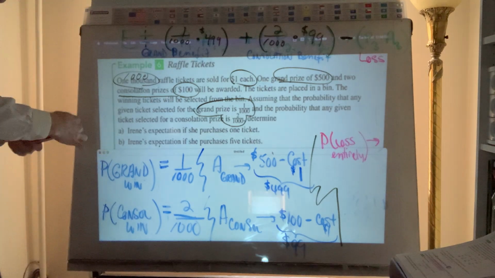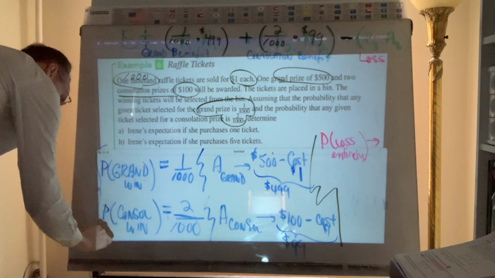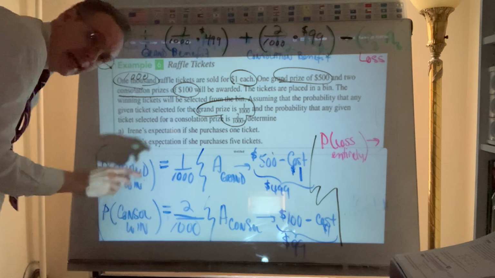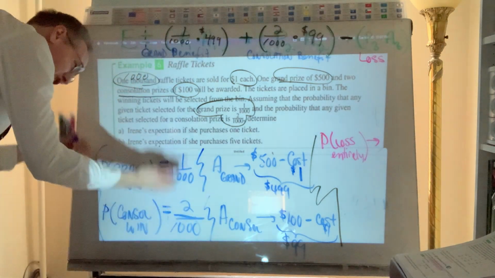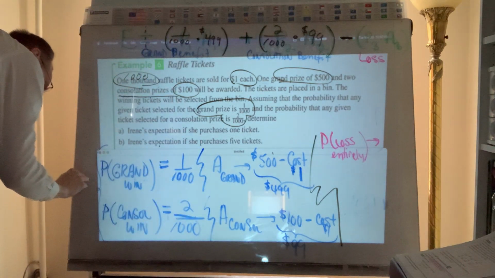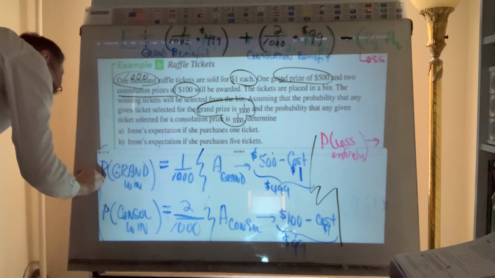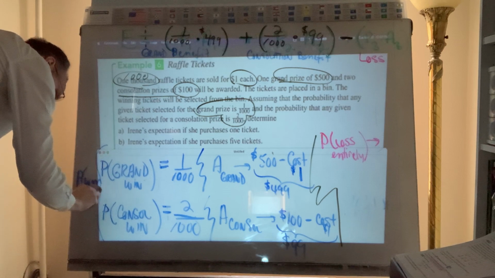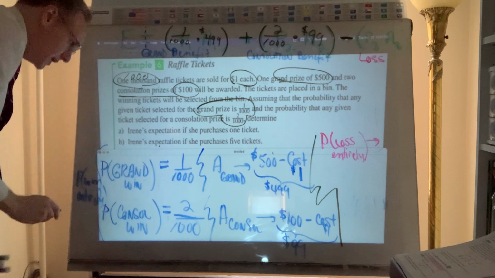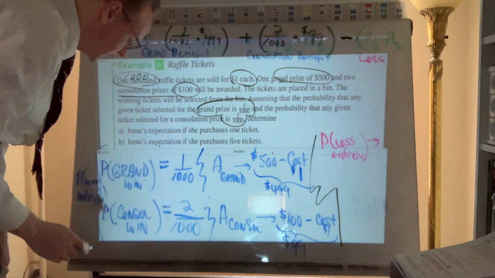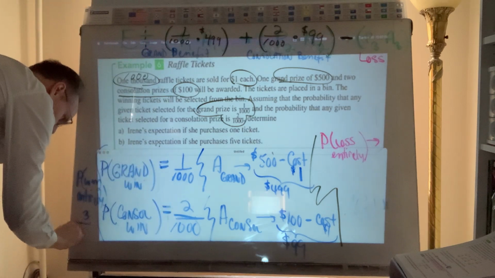If I'm going to generalize these two, not individual examples but in general, the probability of winning entirely would be 1 in 1,000 and then 2 in 1,000, which would be 3 in 1,000.